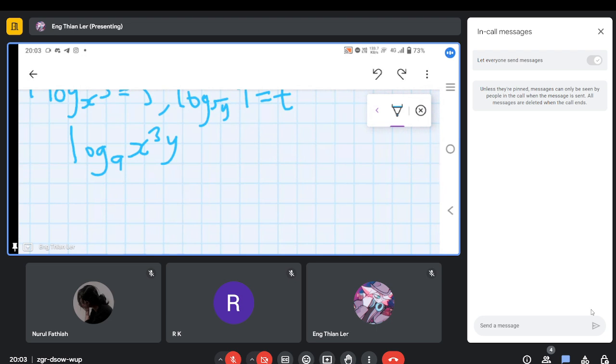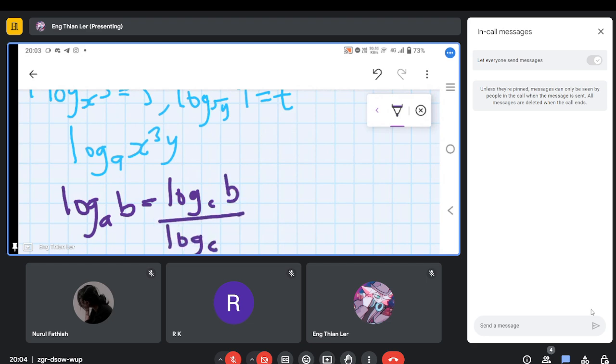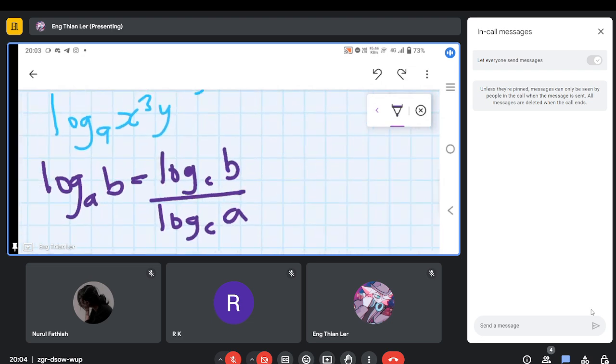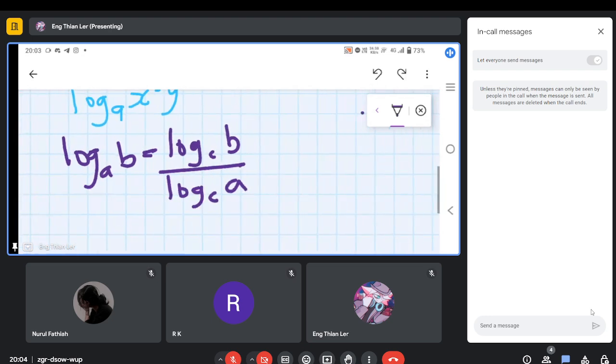How to change the base again? We use the formula: log A base B equal to log C base B over log C base A. Because we're going to change from base 9 to base 3, the C will become 3, because C is our new base.